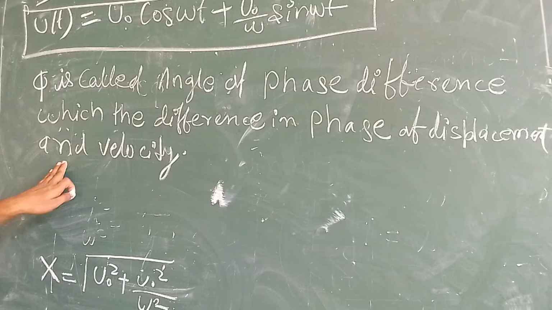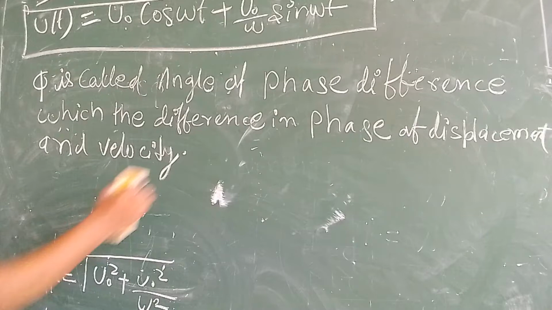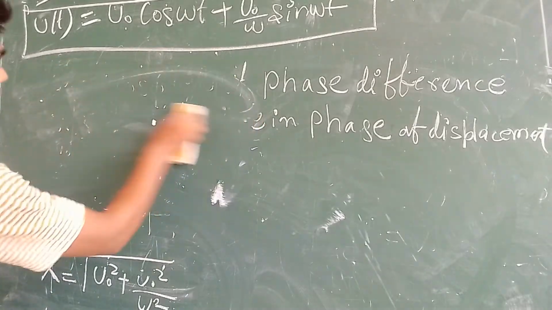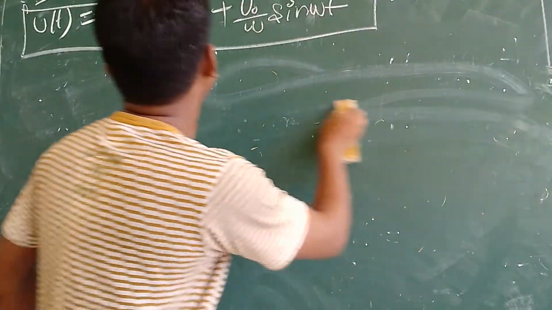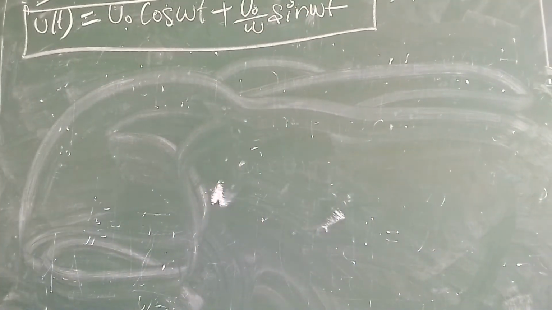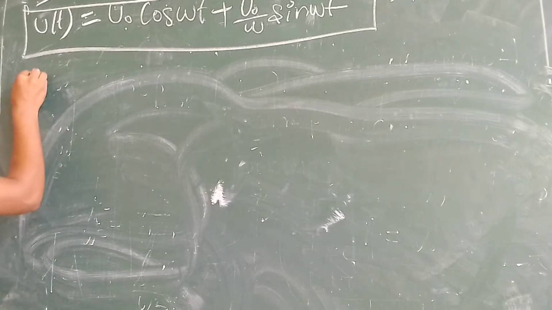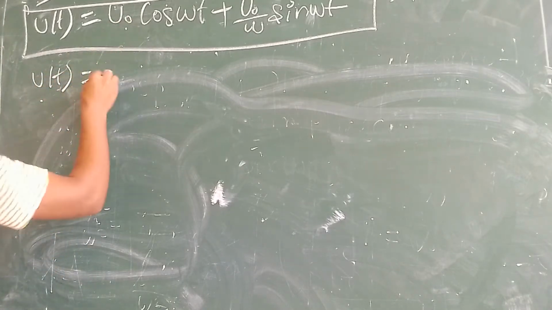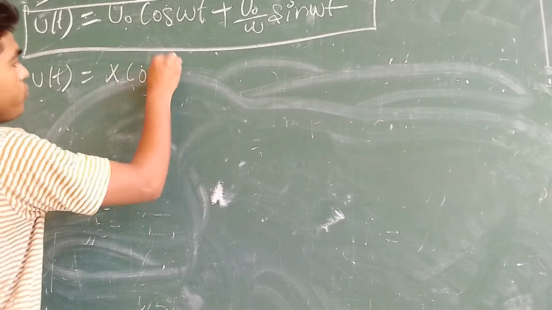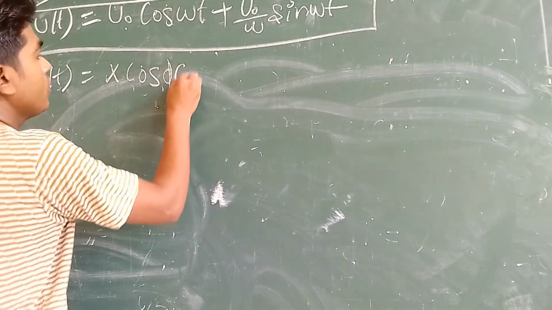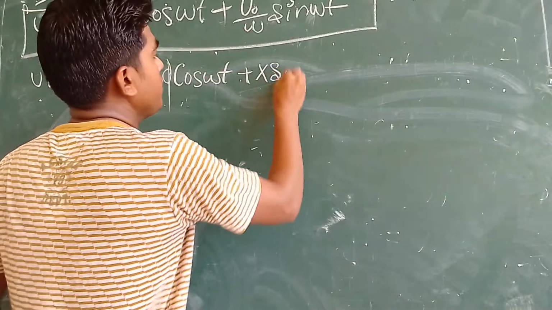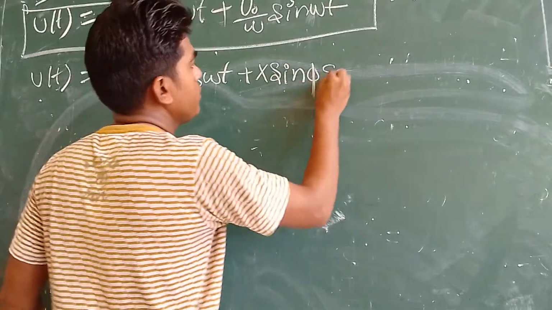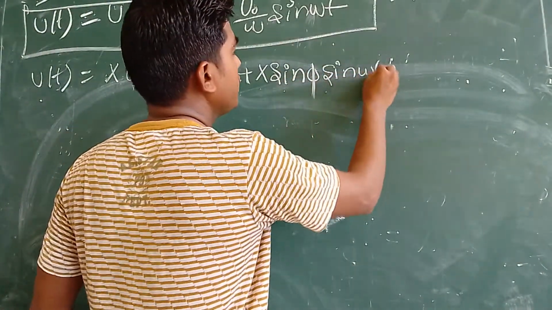So u is equal to x cos phi cos omega t plus x sin phi sin omega t.